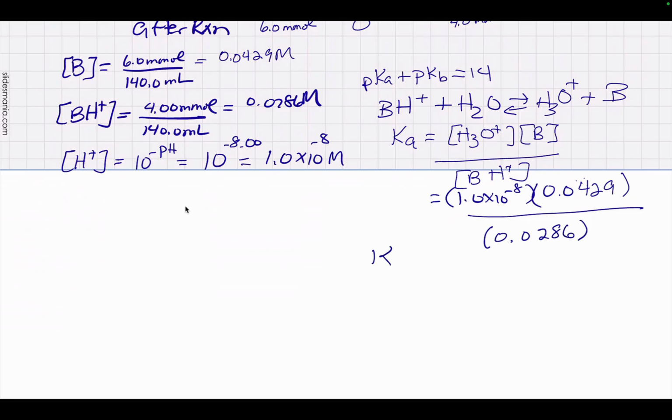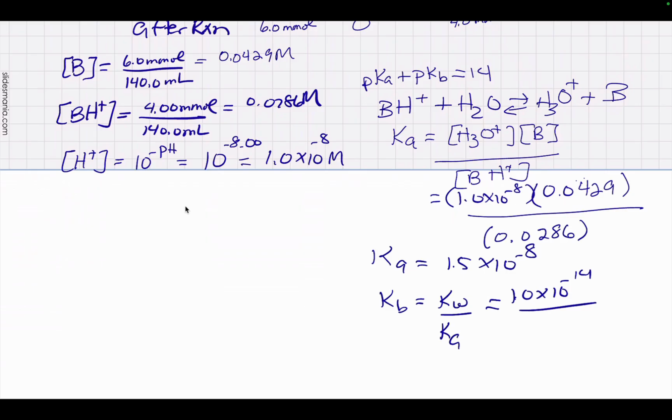So my Ka is 1.5 times 10 to the negative 8th. So my Kb is going to equal Kw over Ka. So 1.0 times 10 to the negative 14th over 1.5 times 10 to the negative 8th. And that will give me 6.7 times 10 to the negative 7th as my Kb.